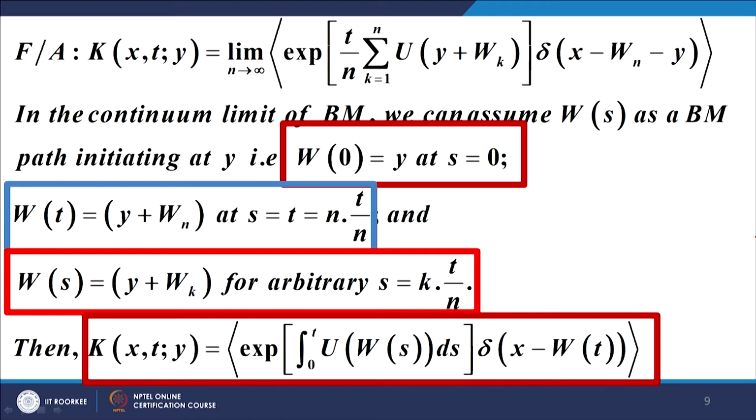So, substituting y plus W_n equal to W_t, we get this expression, the delta function, and the rest is mere substitution. So, we are now able to write the expression for the kernel in terms of a continuous Brownian motion, an integral of a function of a Brownian motion, rather than a discrete sum of random variables.